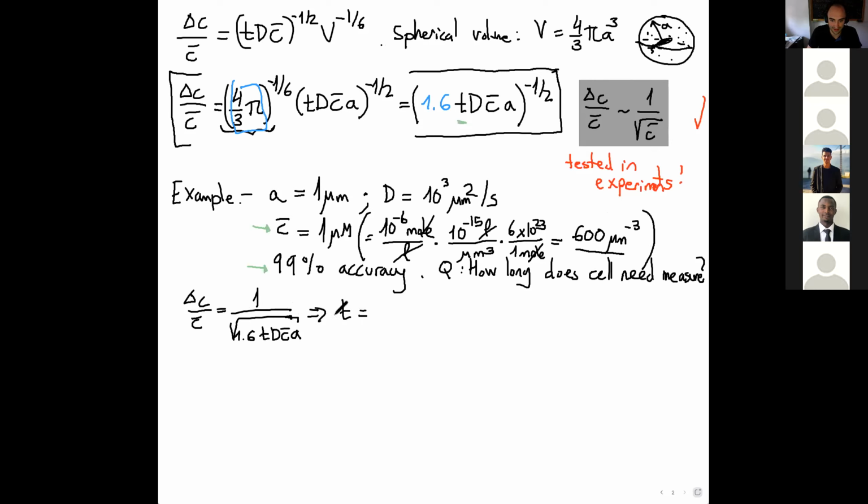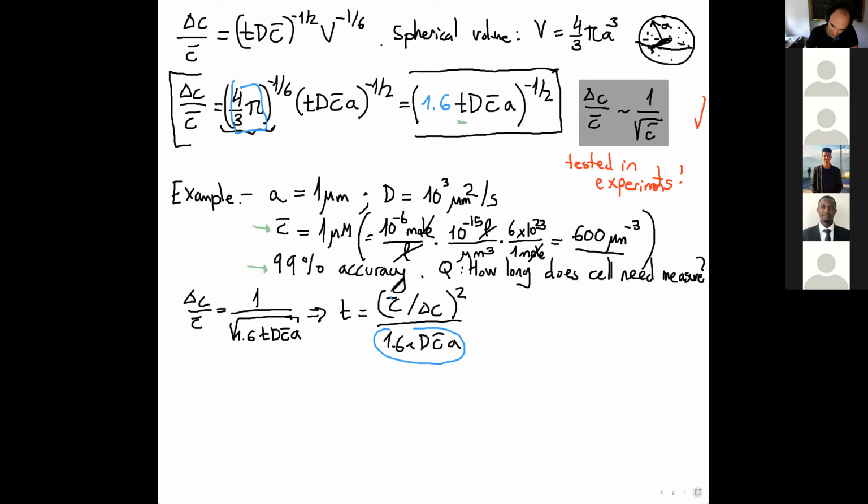T is equal to C bar over delta C, squared, divided by 1.6 times D C bar A. Here I have everything, because I know D, I know C bar in micron to the minus 3, I know A. All this part gives me a number in units of 1 over seconds. It goes to the denominator, so it will be seconds.